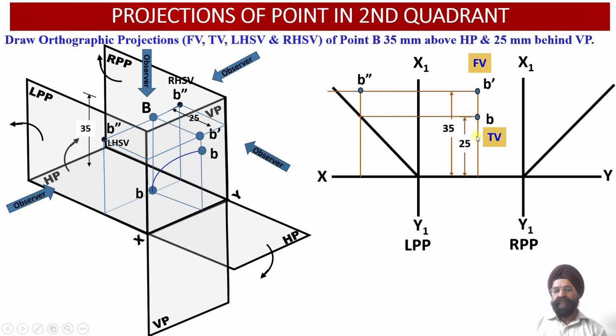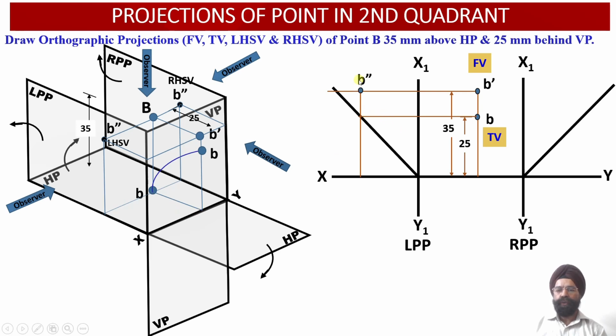So now this distance we are required to transfer using this transfer line in such a way that this distance from the vertical plane will become equal to 25 millimeter over here. So now this vertical projector line will depict this horizontal distance of 25 millimeter from the vertical plane into the left hand side view profile plane over here.